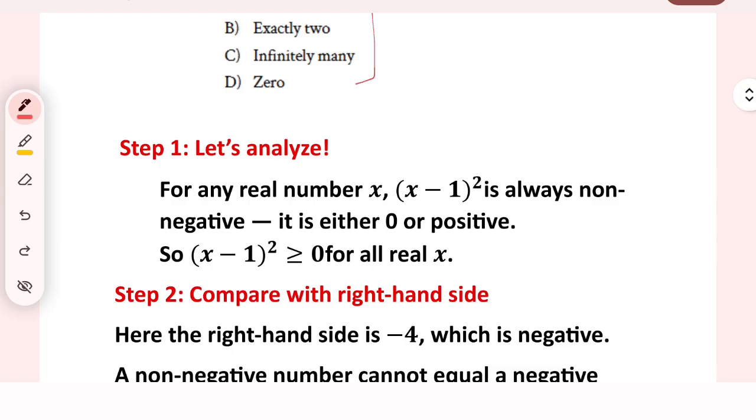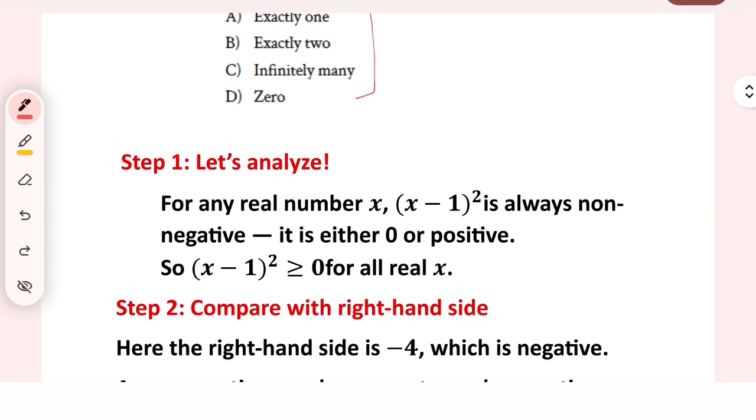For any real number, (x minus 1) squared is always non-negative. It is either 0 or positive. Think about it. If you substitute x with any real number, like 1, 2, 3, 4, 5, just put it there.